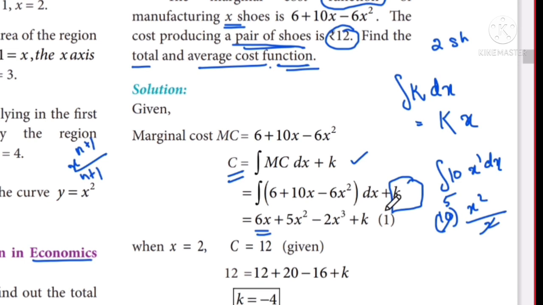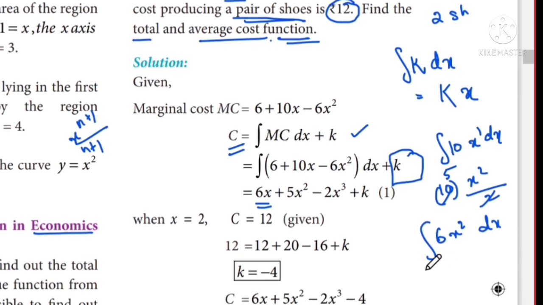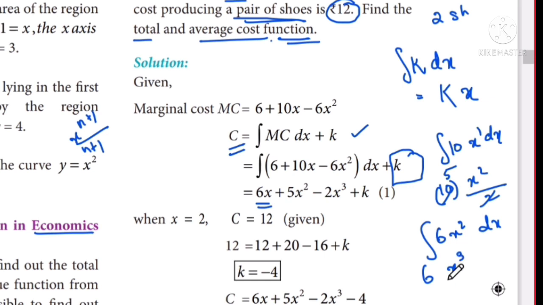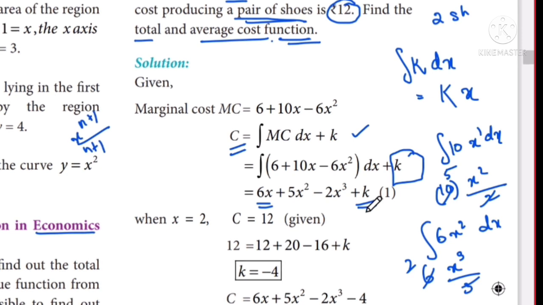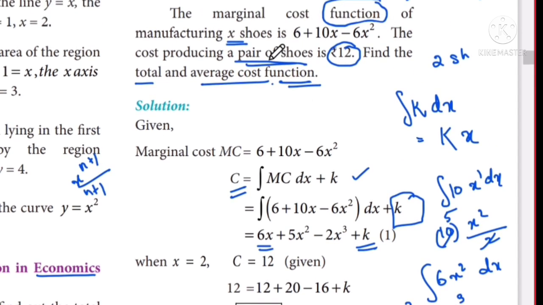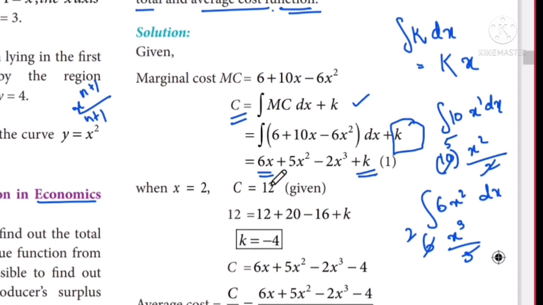What is the integration of 6x square? 6 is a constant, x increase the power 2 plus 1, 3 by 3. So it becomes 2x cube, plus the constant k. Now how do you find the constant k? When x is 2, a pair of shoes, they have given, x is the number of shoes, c is 12.